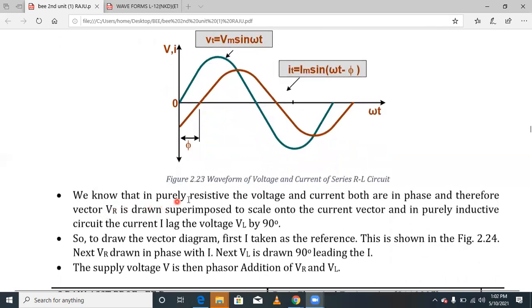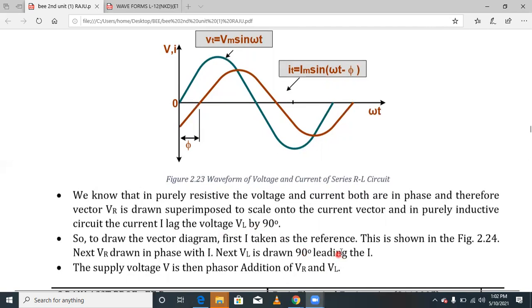So we know that for purely resistive, the voltage and the current are both in phase. Am I right? For purely resistive, the voltage and the current are in phase, and therefore the vector V is drawn superimposed to scale onto the current vector. In a purely inductive circuit, the current I lags the voltage V_L by 90 degrees.